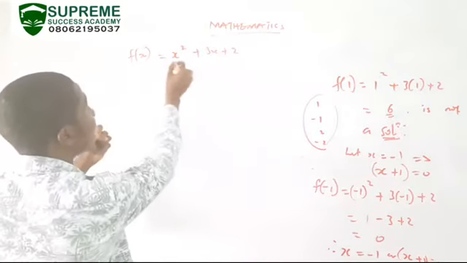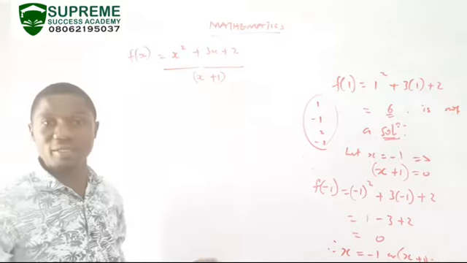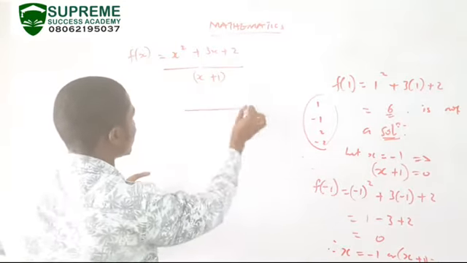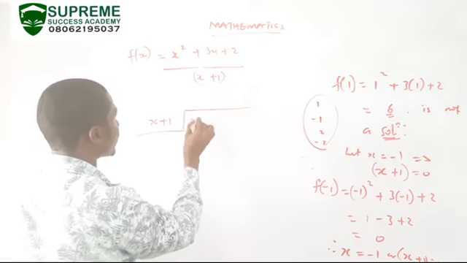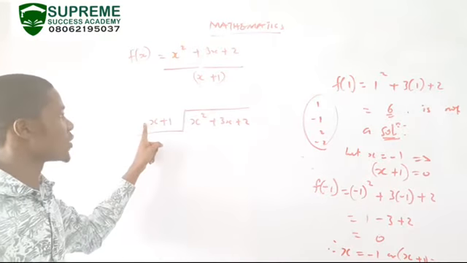You divide by x plus 1. But is it possible to divide this one by this directly? No, you have to go by the long division method. So you put x plus 1 here, then you have x squared plus 3x plus 2. Remember, this one is your divisor and this one is your what?